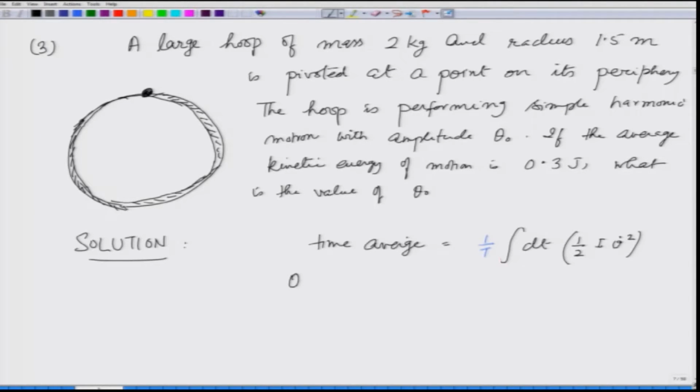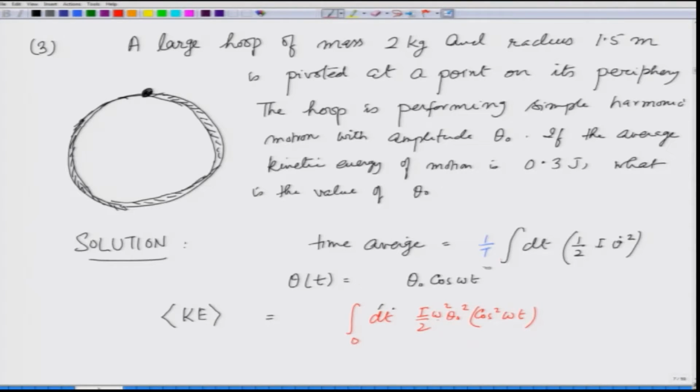Since this is performing simple harmonic motion, theta as a function of time would be, let us say it starts from the extreme, theta 0 amplitude cosine of omega t, and therefore, the time average kinetic energy, which I will show by these angular brackets, is going to be integral dt I over 2 theta 0 square cosine square omega t omega square.